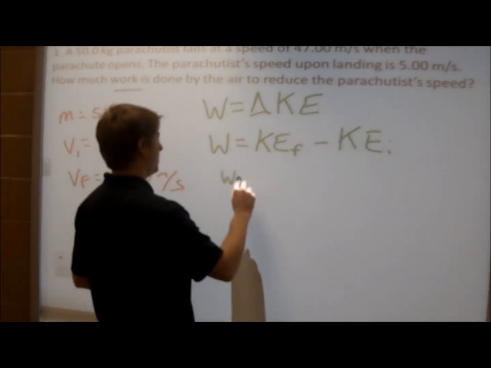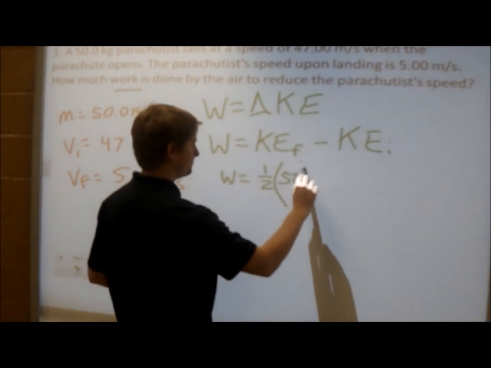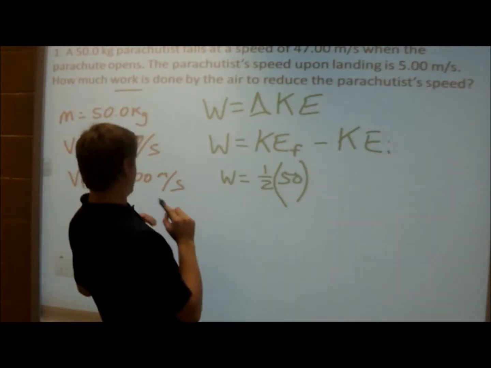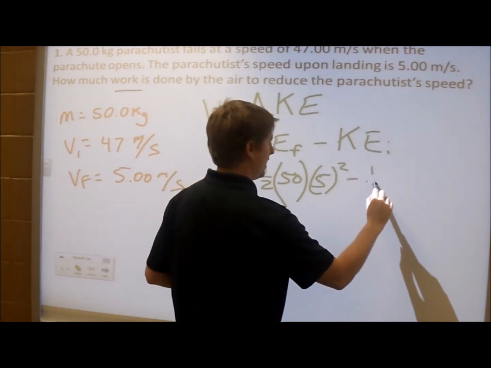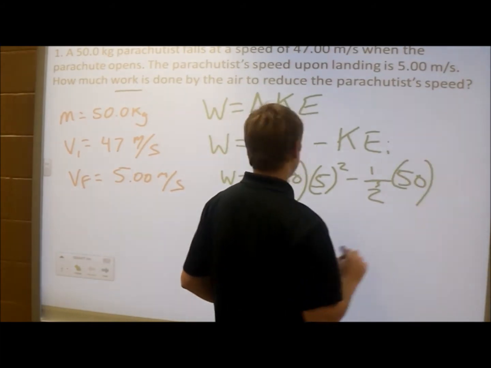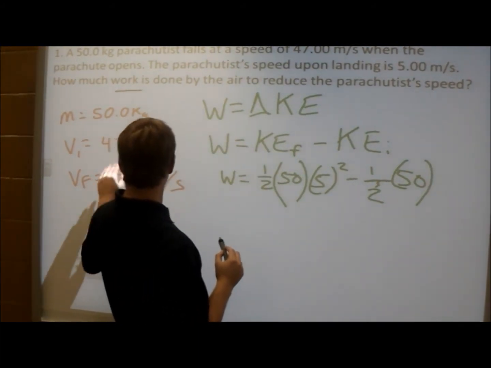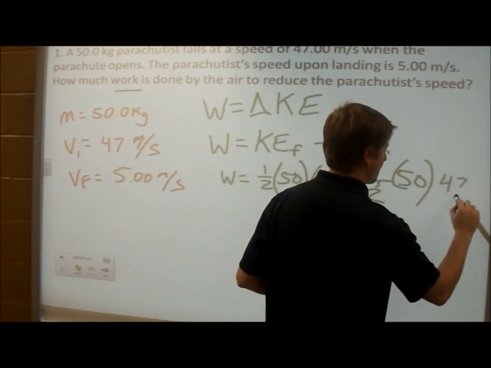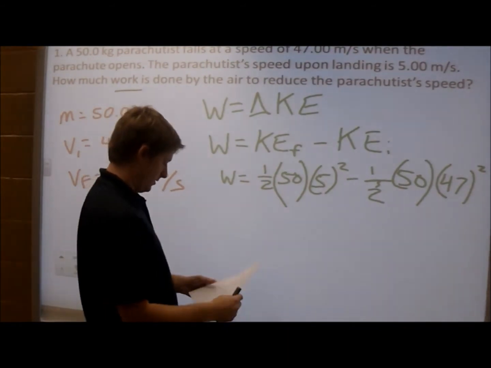So our work is equal to 1/2, our m is 50, our final velocity here is 5. Make sure we square that. Minus 1/2 times 50, and that is our initial velocity, 47 squared. Do some math.